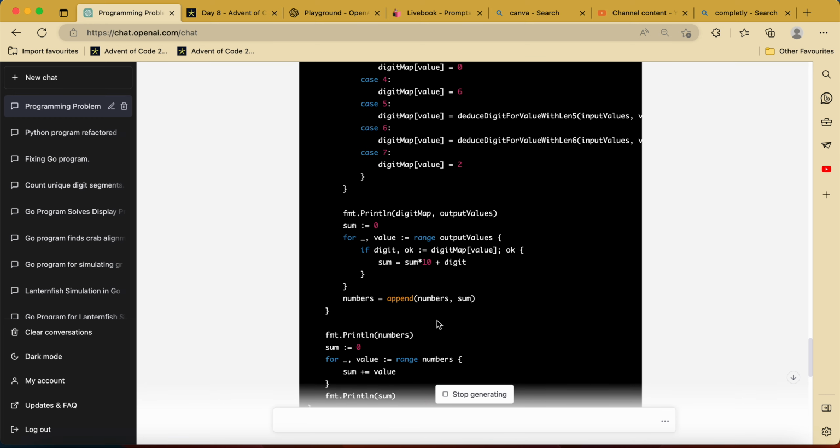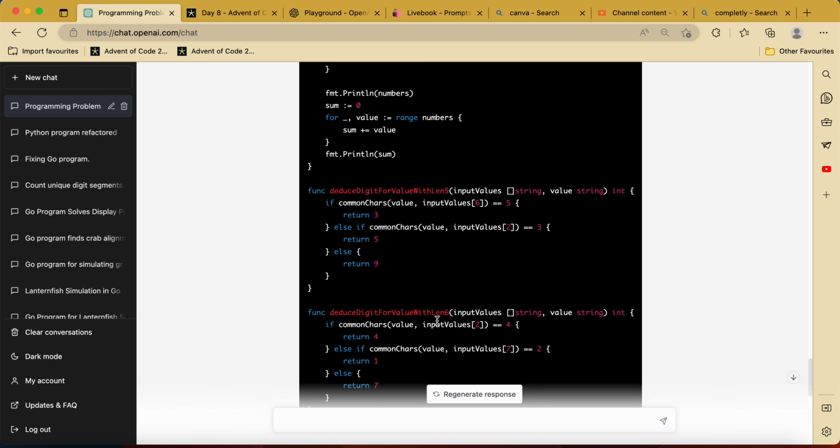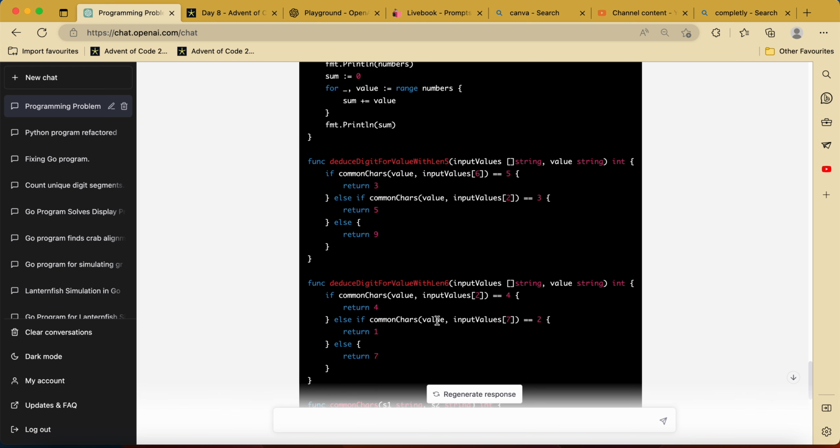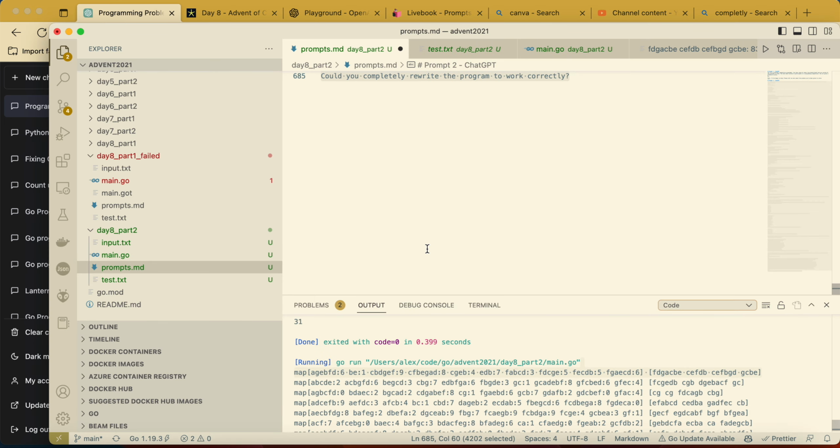Value range digits. Six digit. What on earth is that? With the six digit have 5 in common.